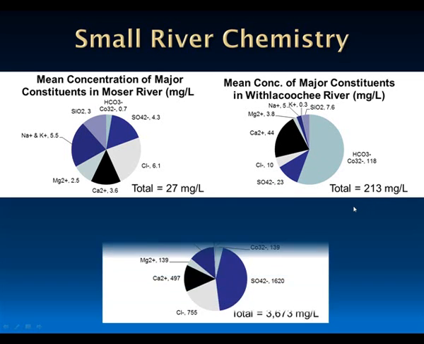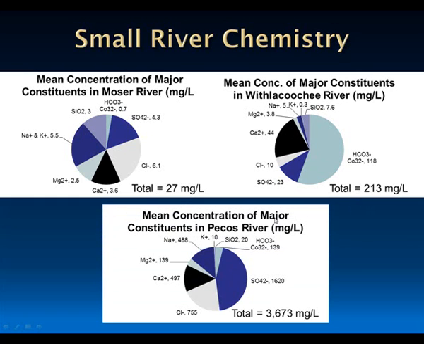It's a limestone geology, so this is dissolution of limestone that is contributing a lot of this total dissolved solids in that watershed. In contrast, if we look at the Pecos River in New Mexico, this is a very arid landscape, so it's not heavily weathered. The precipitation has not pushed a lot of the salts down through the system and into groundwater or out into the rivers. We've got small amounts of precipitation coming in, and there are a lot of salts that are still there to be moved out.